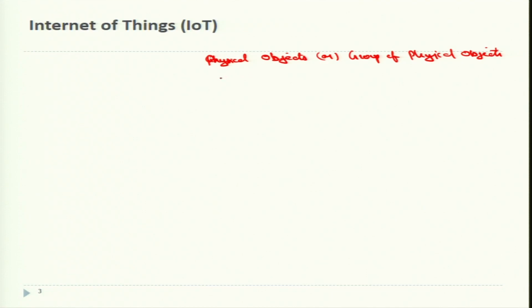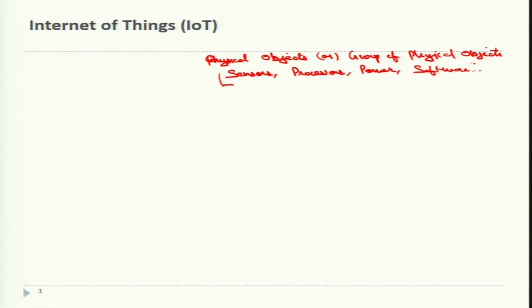So, these objects have a periphery of sensors, then processors or power systems, software and so on.